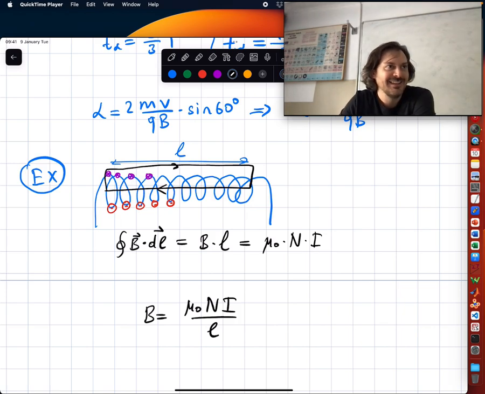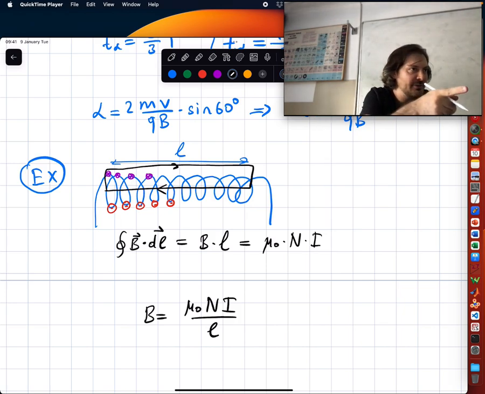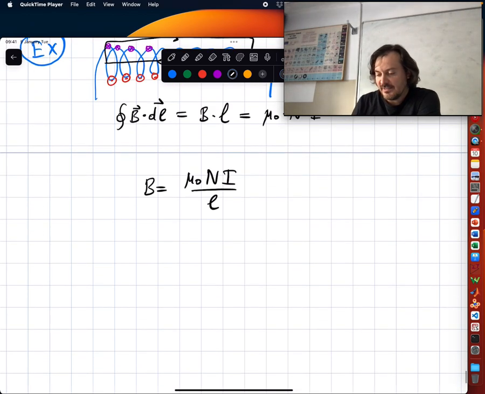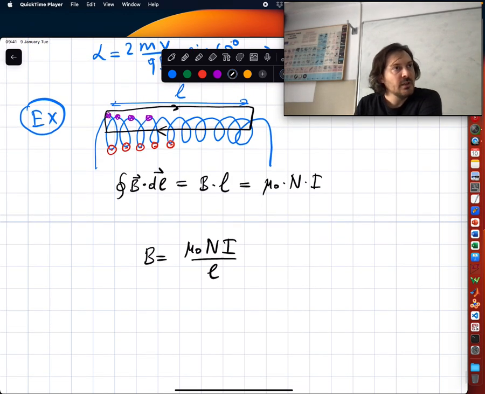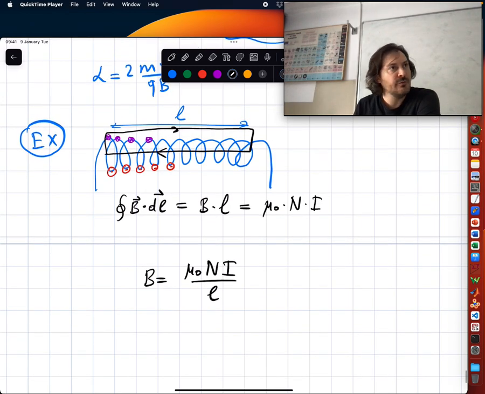Either just like we did, in which case we didn't use superposition, but we already knew that there is only a magnetic field in the middle, and outside it's 0. It's already given in the problem. So far, no problem, right?